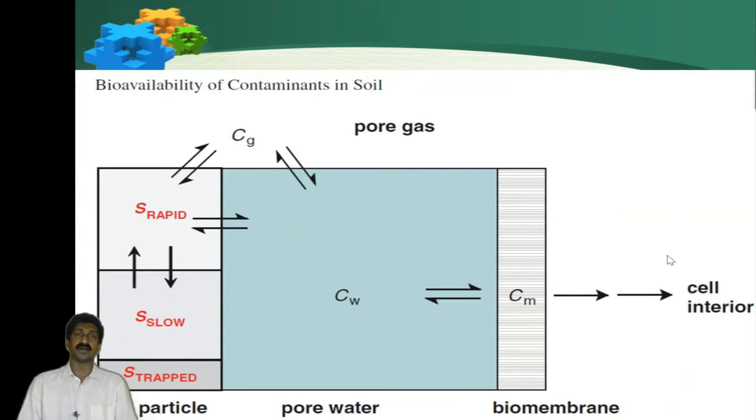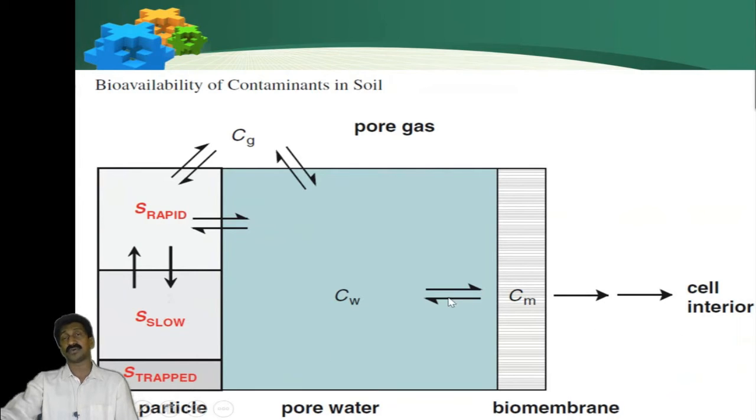So the bioavailability of contaminants in the soil affects the degradation at all these stages. The availability of the compounds in the soil at different stages, and their diffusion in the gas and water environments, affect the final available concentration of the contaminant for degradation.